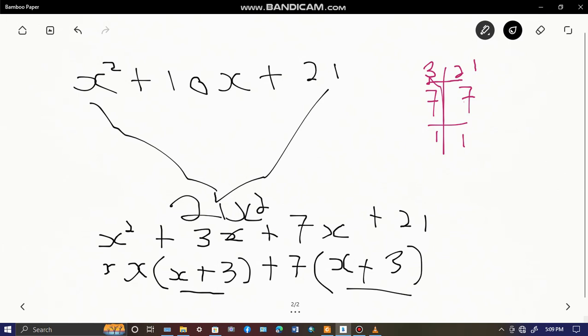You can proceed with the process of factorization, whereby you open brackets and use x plus 7 as your first bracket. And then you just take one of the two equal numbers.